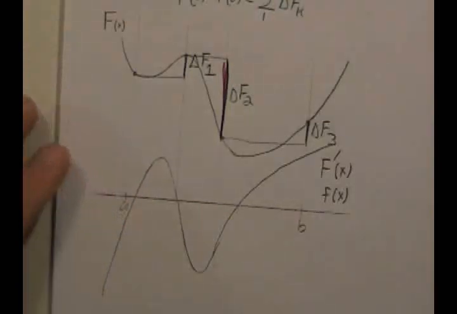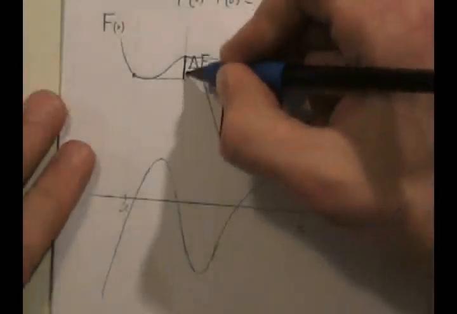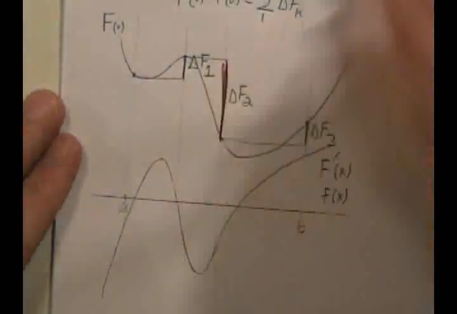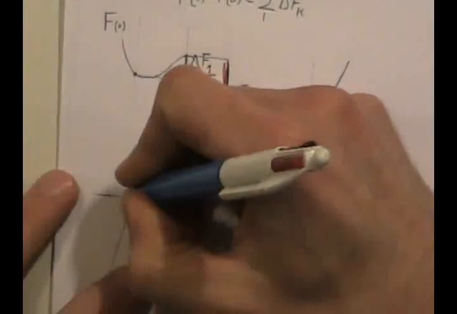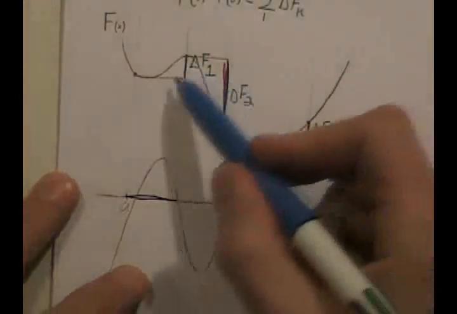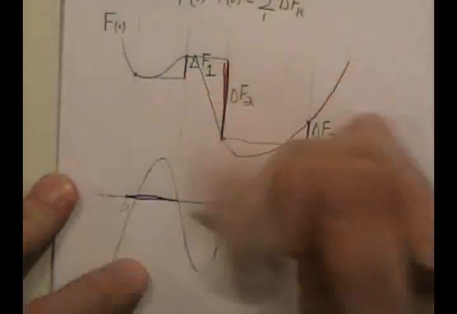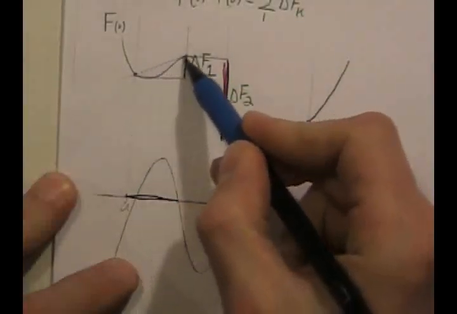Now if you remember, this change in F, this green line here, can be written as the product of the change in x, I'll write it in blue here, multiplied by the appropriate slope. The slope that was appropriate was the slope that gave you a parallel tangent.